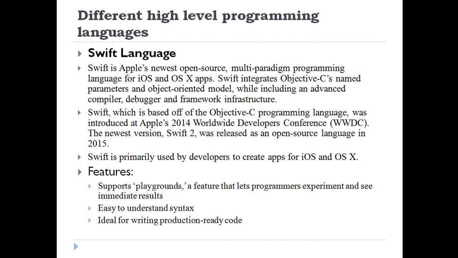The newest version, Swift 2, was released as an open source language in 2015. It is primarily used for developing apps on the Android, iOS and OS X operating systems. It supports playgrounds, a feature that lets programmers experiment and see immediate results. It has easy to understand syntax, and it is ideal for writing production ready code.